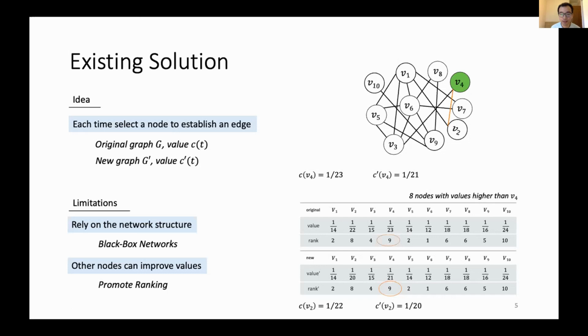The second advantage is that the original methods are normally gradient algorithms. Then they need to assume the network is a white box. They need to know the network structure. And in our method, we drop this requirement. We can assume the network is a black box. And these are the two advantages of our method.